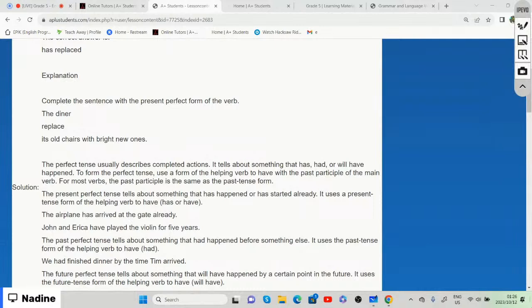And remember, we said we use has or have if we want to make mention about the present. We use had about the past, and we use will have to talk about the future.